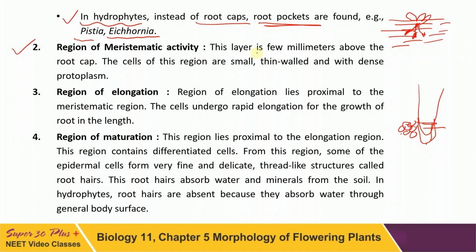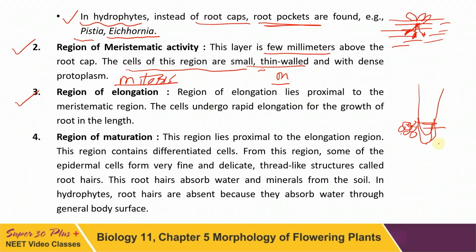This layer is a few millimeters above the root cap. The cells of this region are small and thin, meristematic, because they have to divide. They divide by mitotic division, as a result of which new cells will be added to the length of the root.